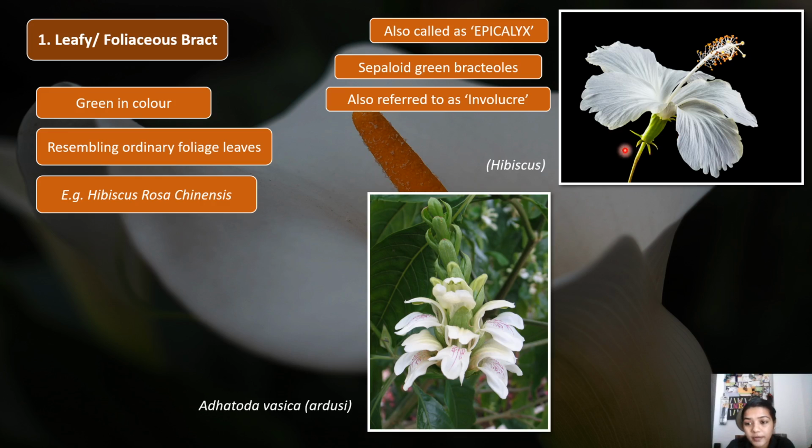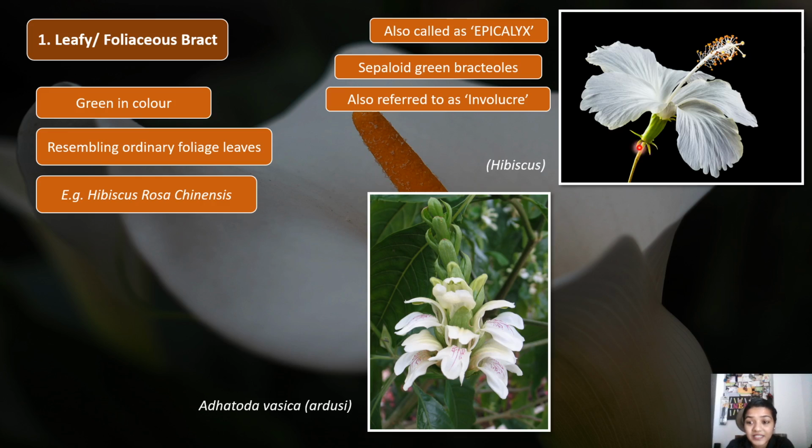For now you can remember that this has appearance as an involucre, और क्योंकि इसका involucre bract के साथ resemblance है, involucre bract के जैसा दिखता है, तो इसलिए इसको involucre bract भी बोलते हैं, right?